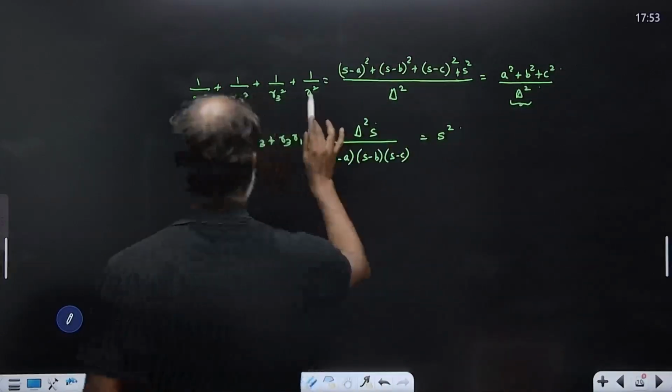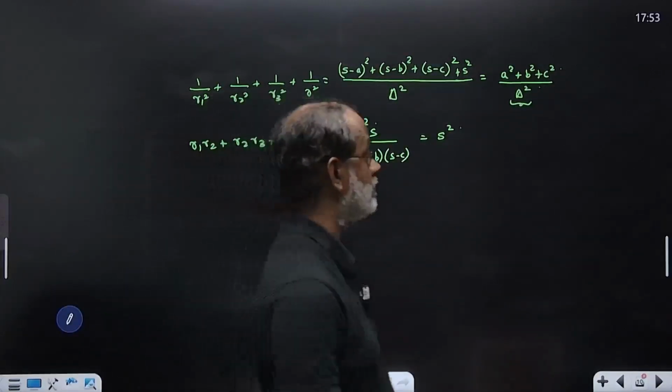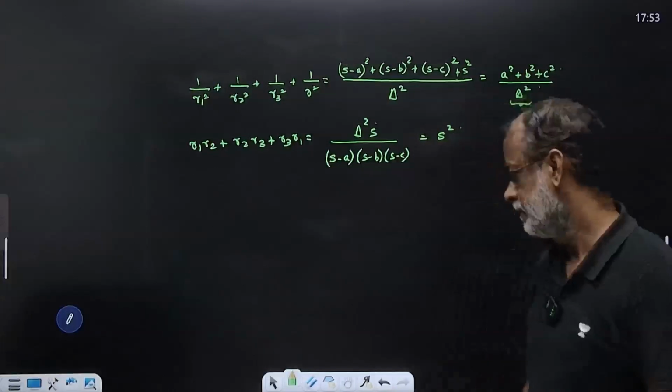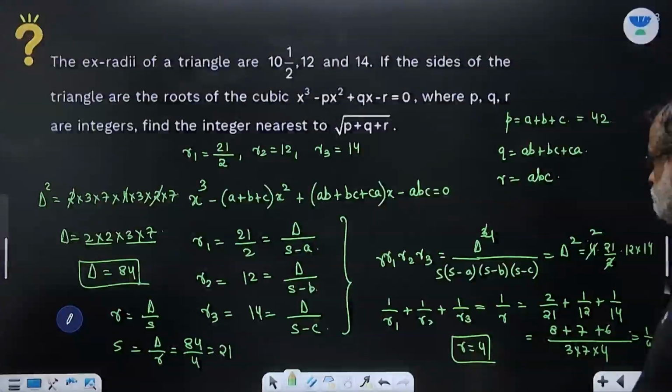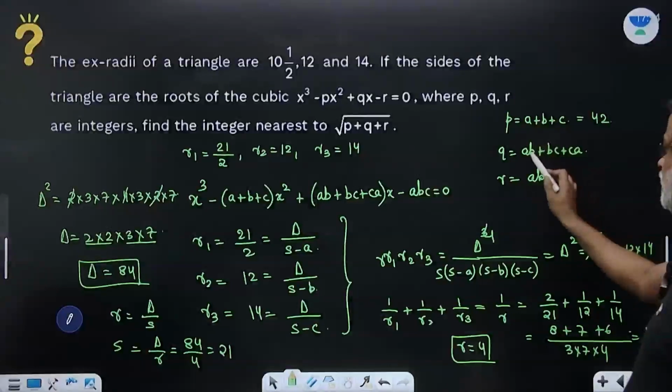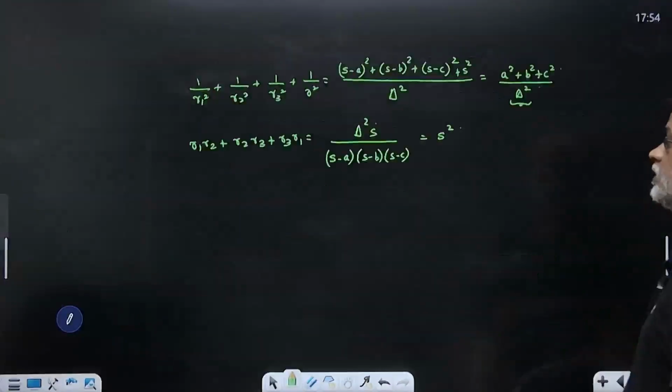These expressions we are aware, we can find A square plus B square plus C square. Once we find A square plus B square plus C square, we know this, we can find AB plus BC plus CA, okay.